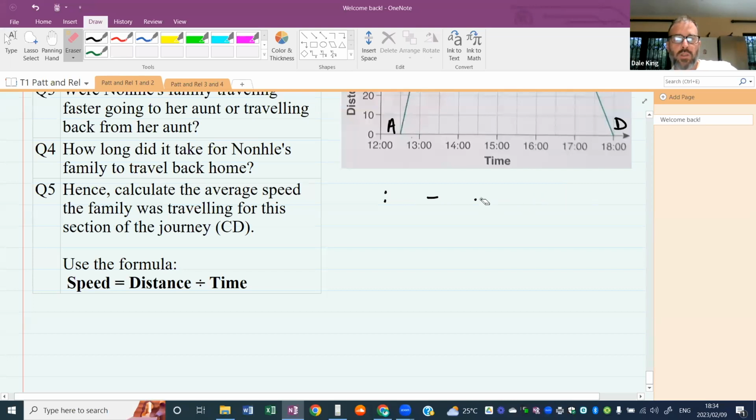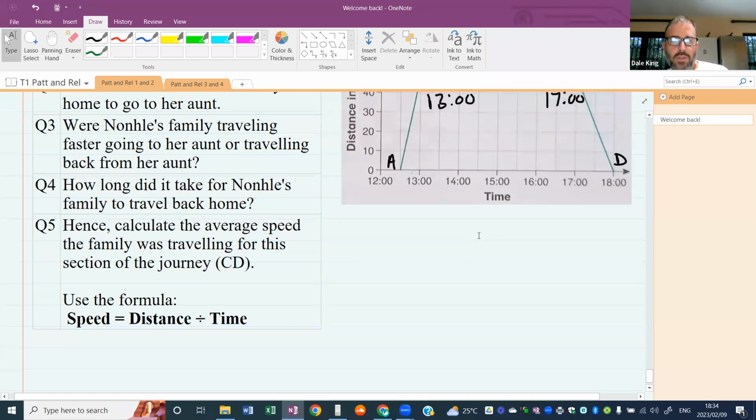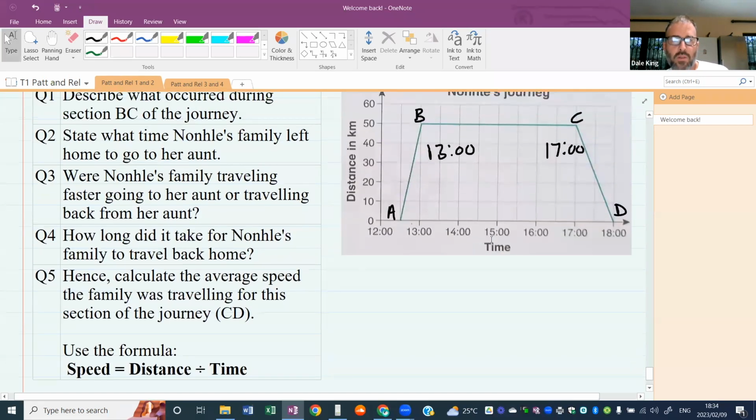We were discussing the conversions of time units, and then I gave you guys a speed equals distance over time question. This question often comes up with these kind of graphs. If you have distance and time in your graph, they often ask you to do a speed calculation.